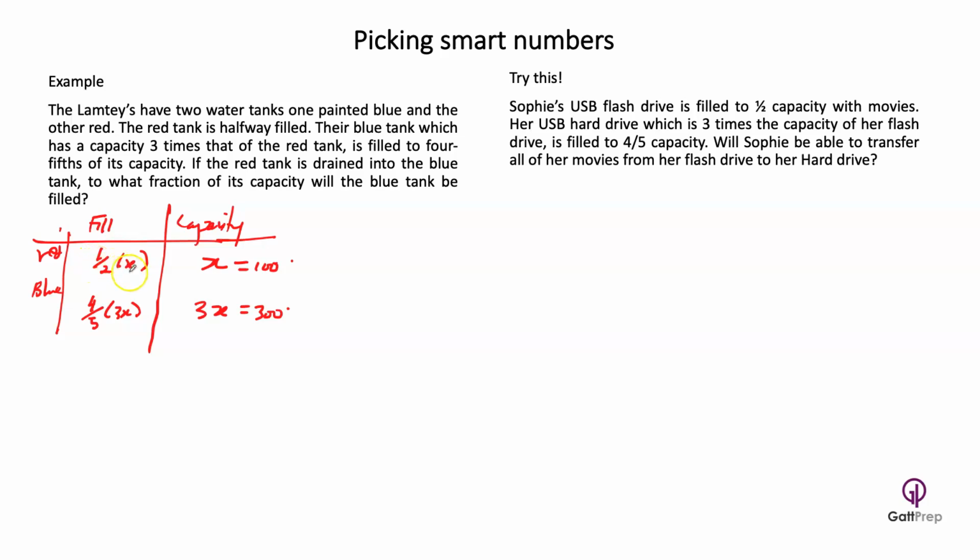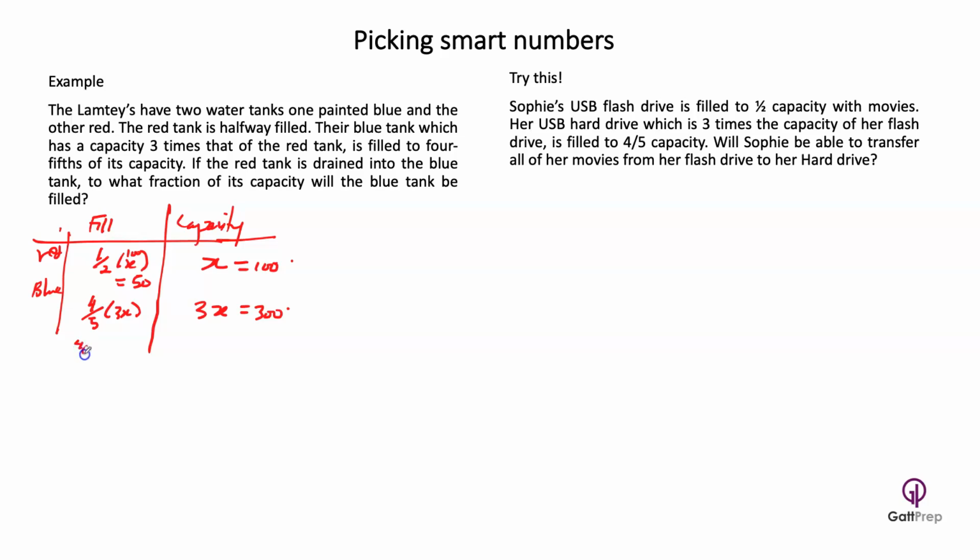And if the red tank is halfway filled, then X here is 100, and you have 50. And here you put 300, you have what?